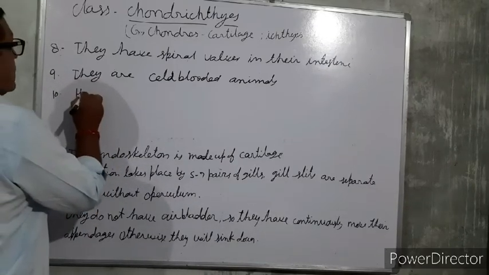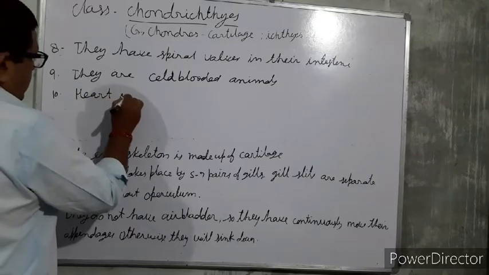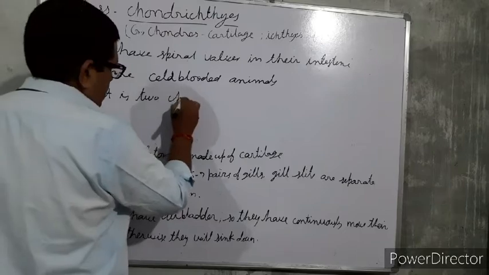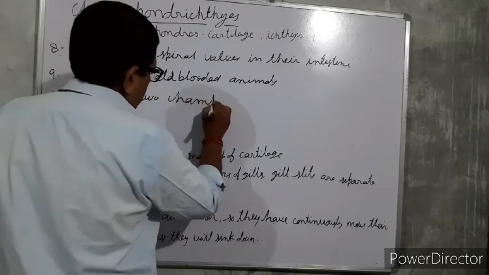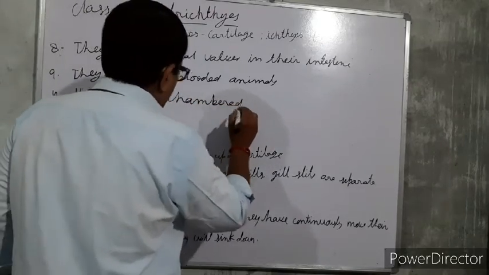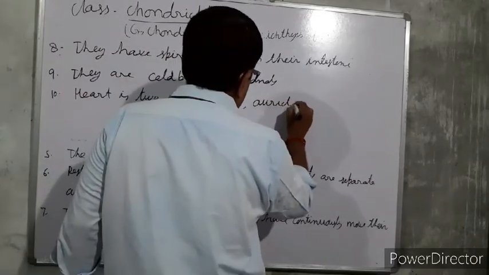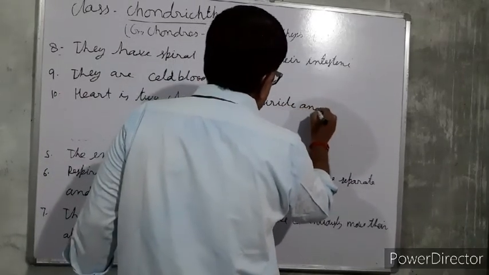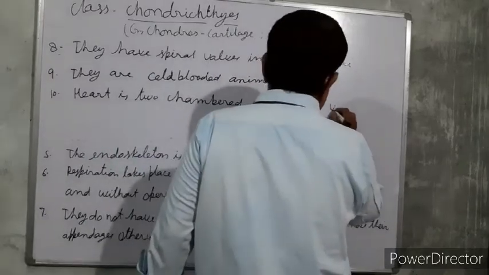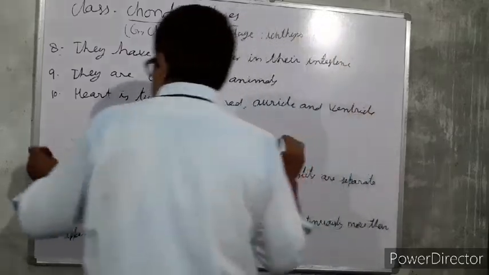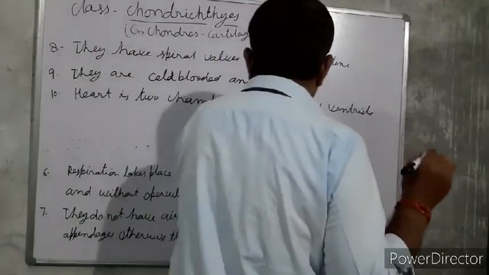The heart is two-chambered: auricle and ventricle.